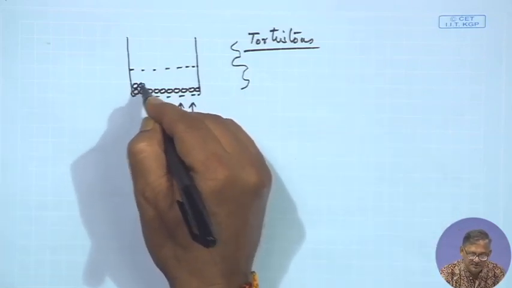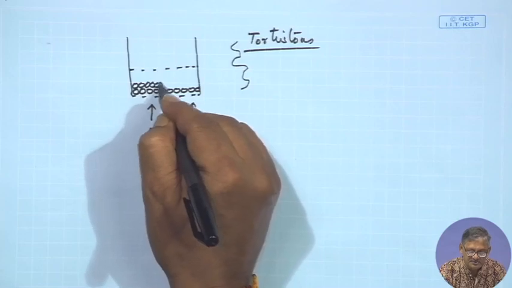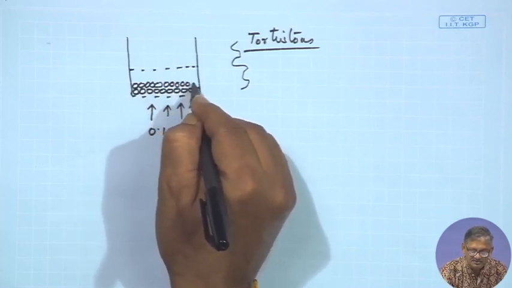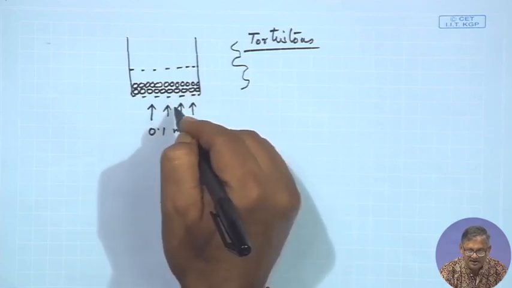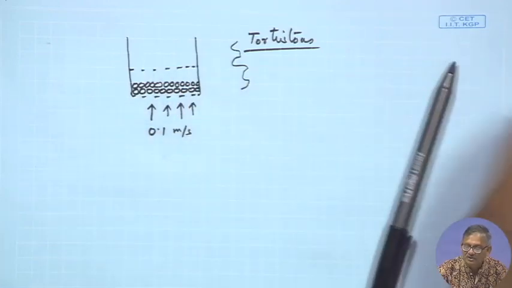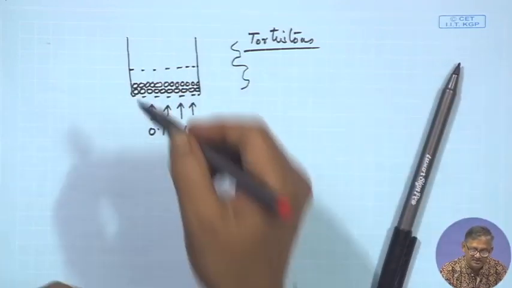So, that void space will be utilized by this gas, and it will move like this.